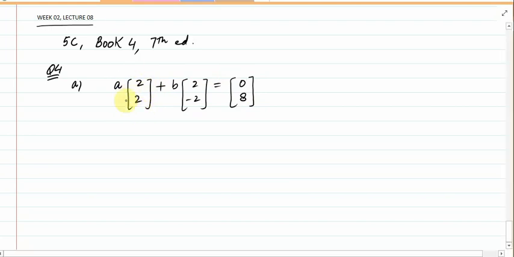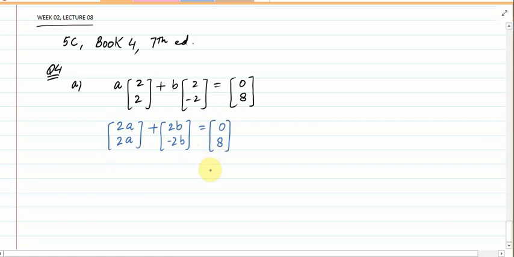So first we need to multiply A with this matrix, so it will be 2A and 2A, right? Similarly, if you multiply B with the matrix, it will be 2B and minus 2B is equal to 0 and 8. Step number 1 complete.